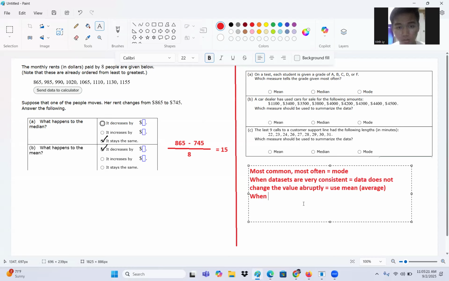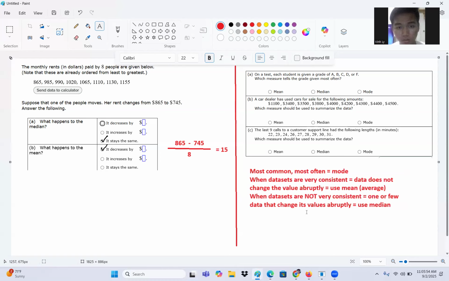When the data sets are not very consistent, like in our case, where one or two data values change abruptly, use the median.